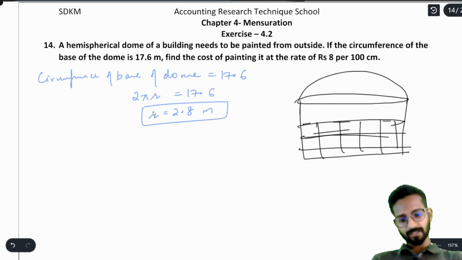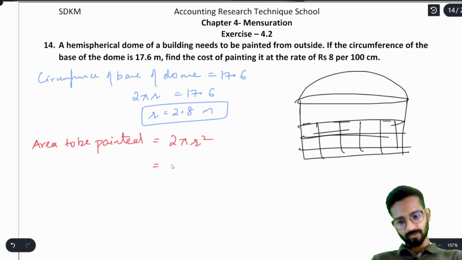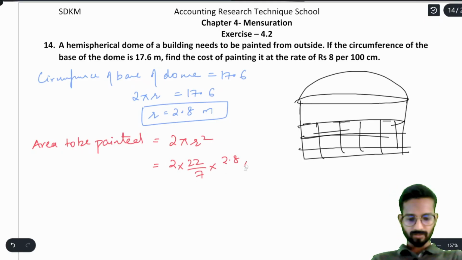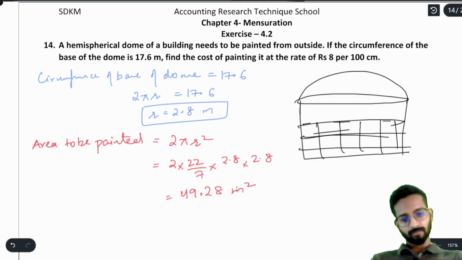After that we have to find the cost of painting it. So to paint it we have to find the area. So the area to be painted. What is the area of a hemisphere? 2 pi r square. So it will be 2 cross 22 by 7 cross 2.8 cross 2.8. So it will be around 49.28 meters square. But the rate is given for every centimeter.